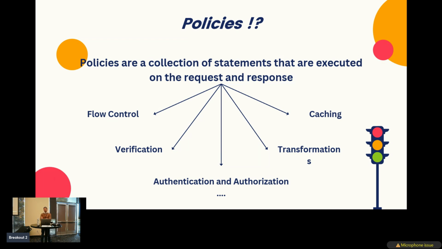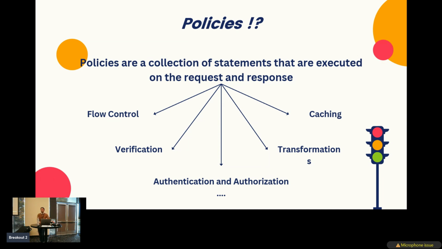Maybe you have your API version 1 and version 2, and from the URL the gateway will understand that v1 will be sent to backend number 1, and version 2 will be sent to backend number 2. So it's seamless from the front end. They don't need to specify where to go or use different URLs, but the API management in between can do the flow control of those calls.